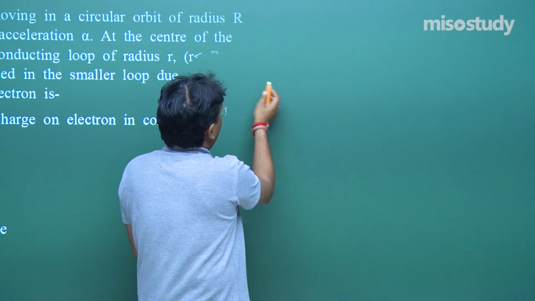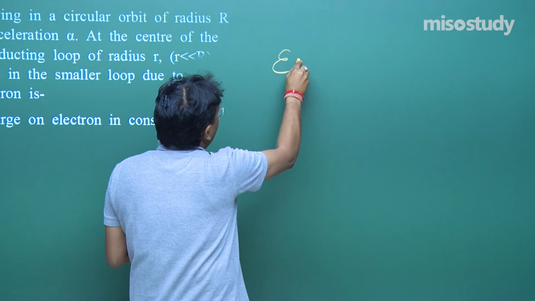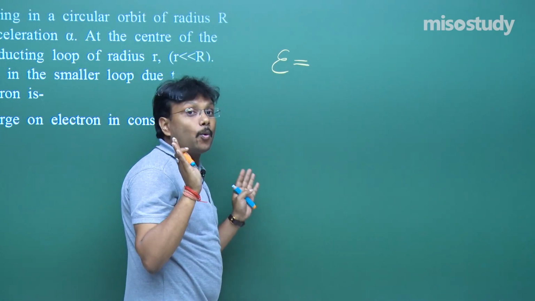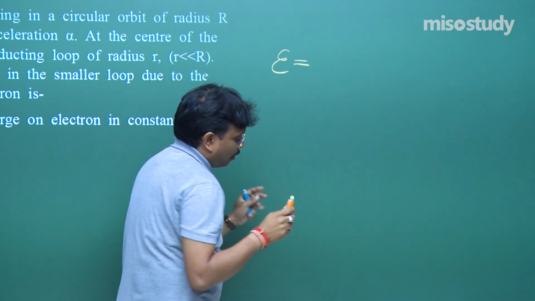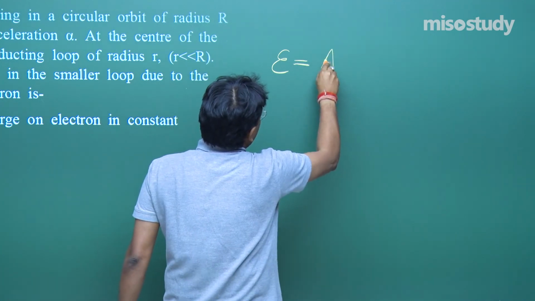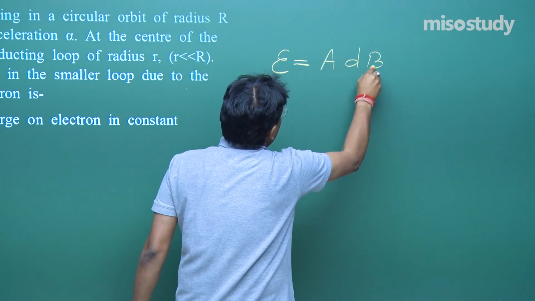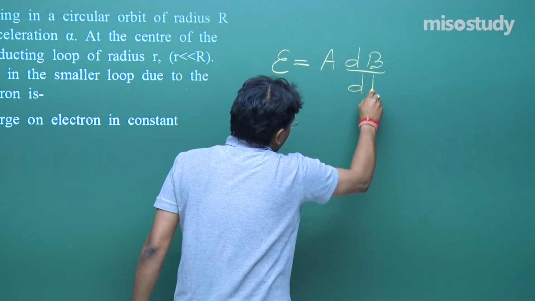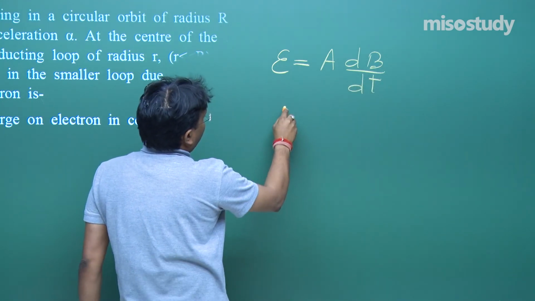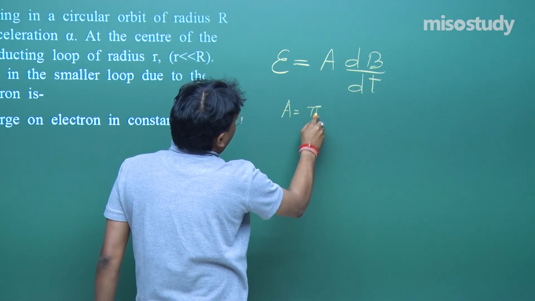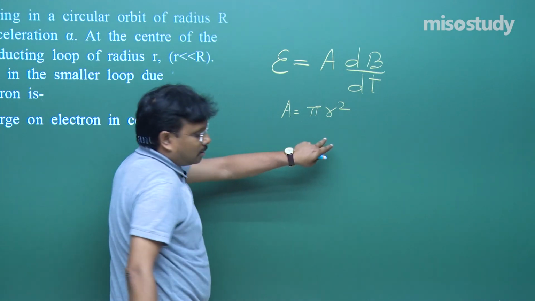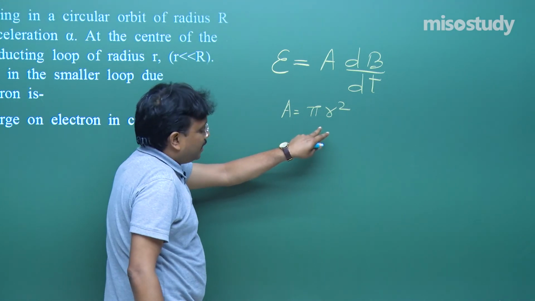Now let me present over here, and this is the formula required for the solution of this problem, that is EMF equals A dB upon dt. Now A is equal to pi r square, you know that circular area.